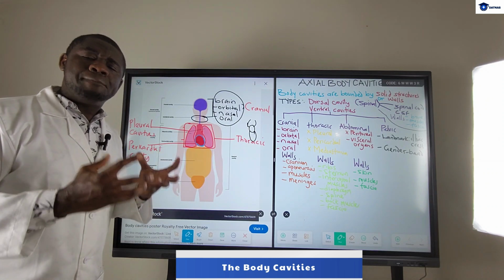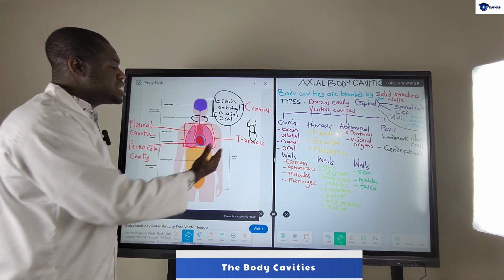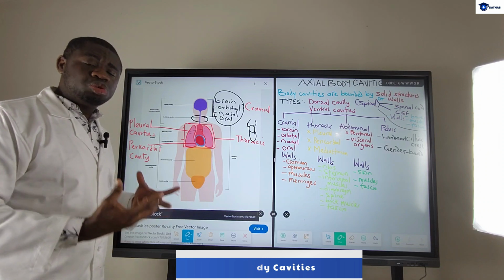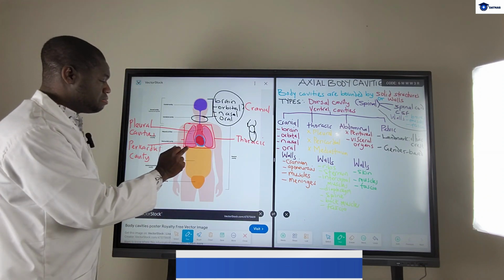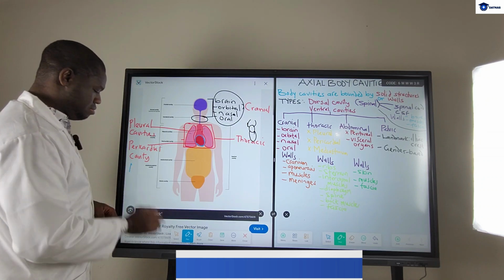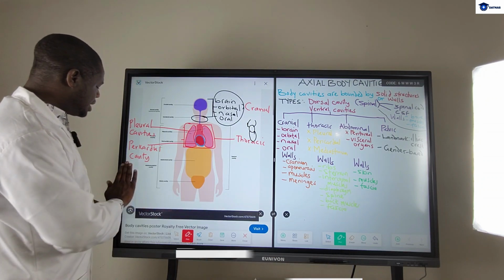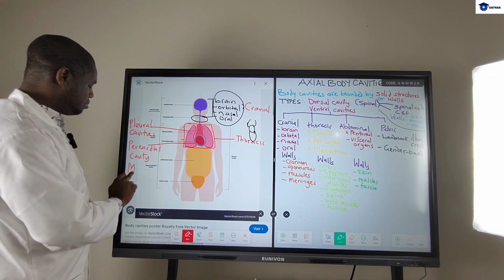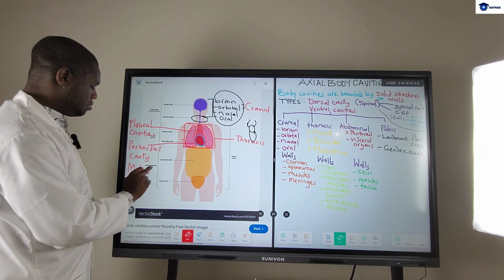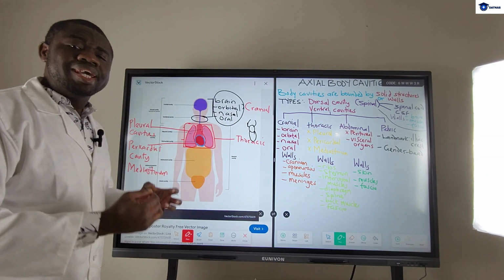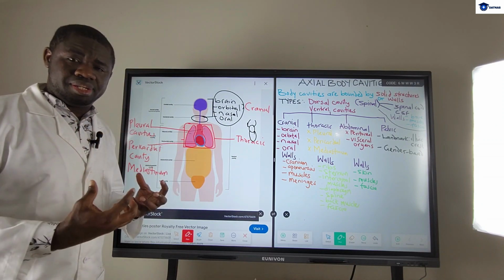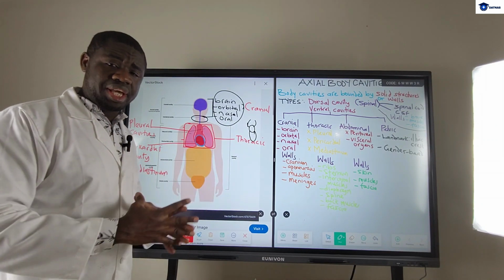There's another portion of the thoracic cavity that we need to talk about. That is the mediastinum. The mediastinum is the central part of the thoracic cavity.